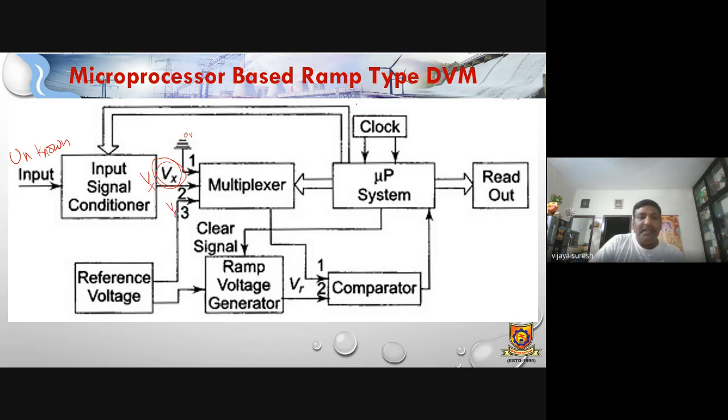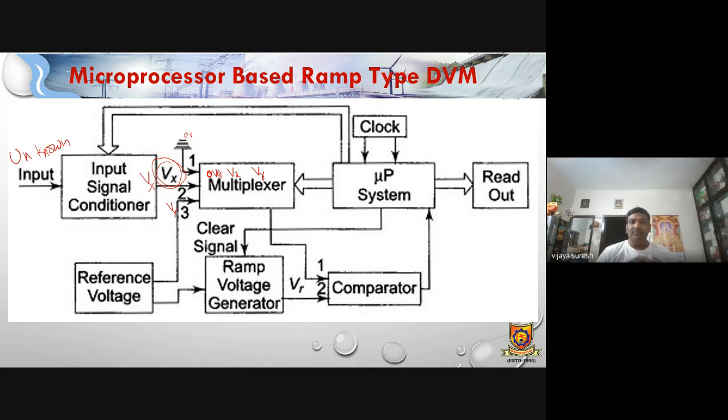So the three inputs to the multiplexer are 0 volt, Vx, and V reference.